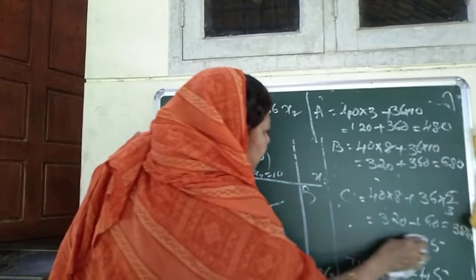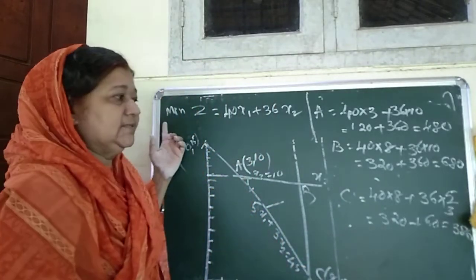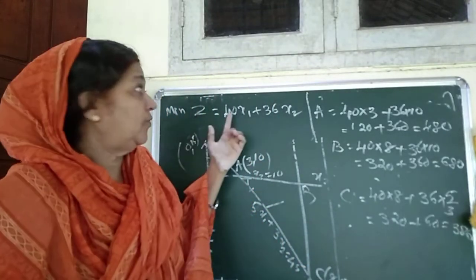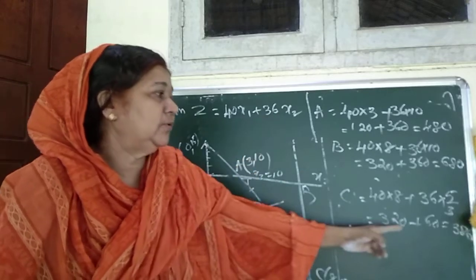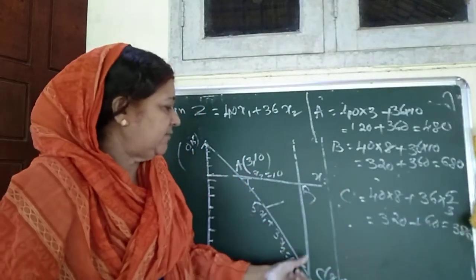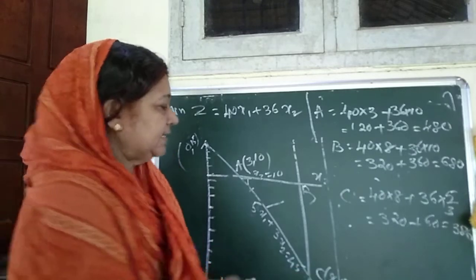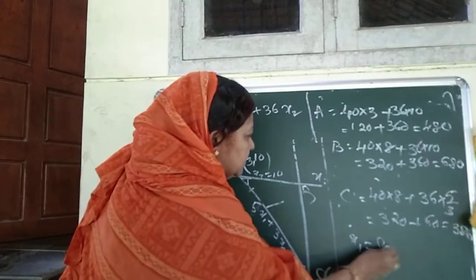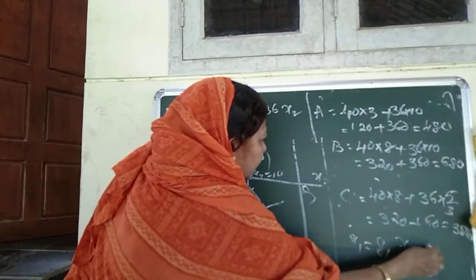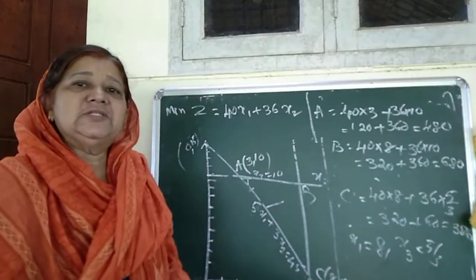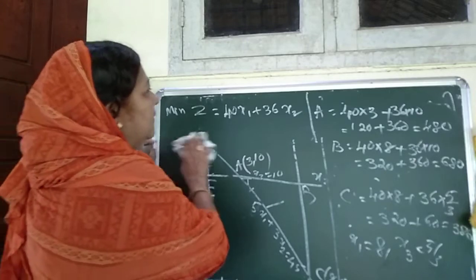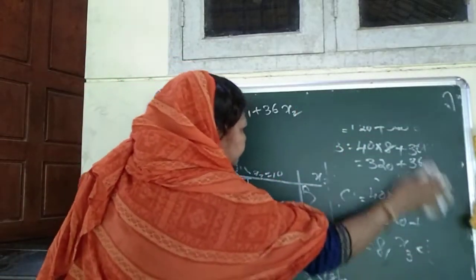So we have three values of the function Z equal to 40x1 plus 36x2, and the minimum is 380. So at C we have the minimal value. So the optimal solution is x1 equal to 8 and x2 equal to 5 by 3. By this method we can solve any linear programming problem by graphical methods.